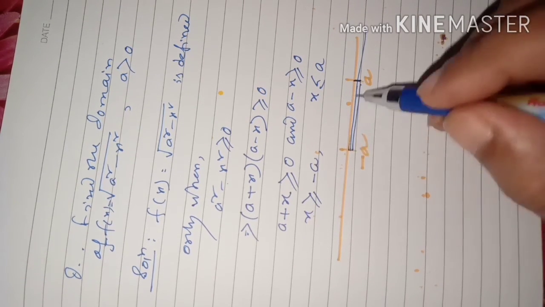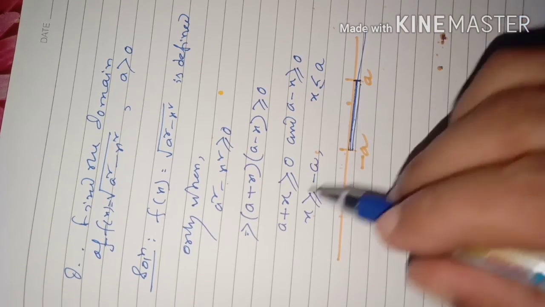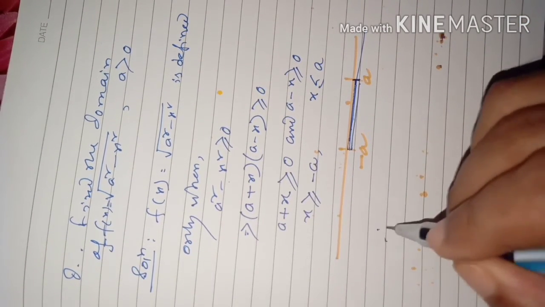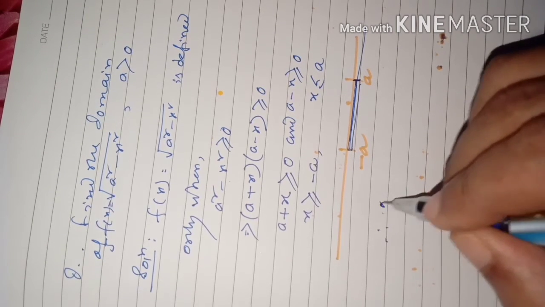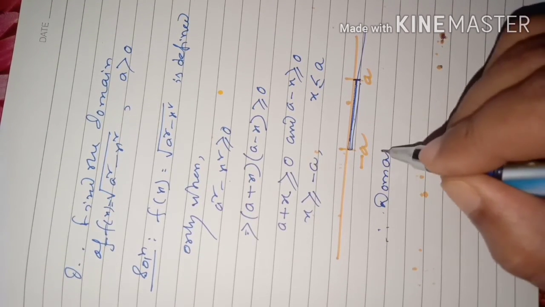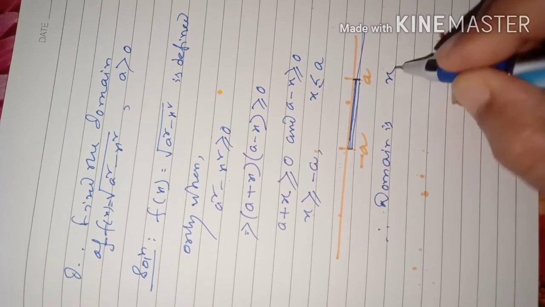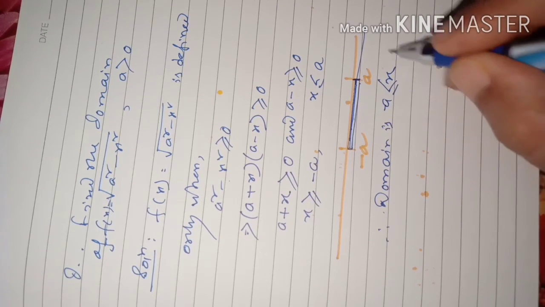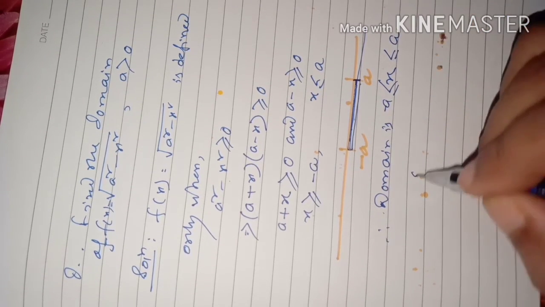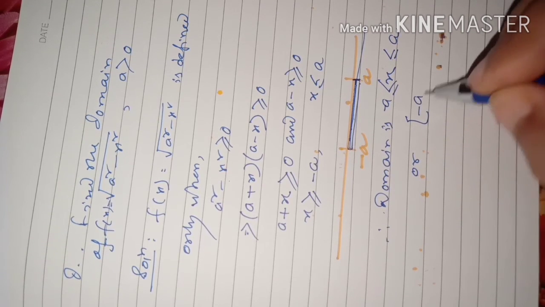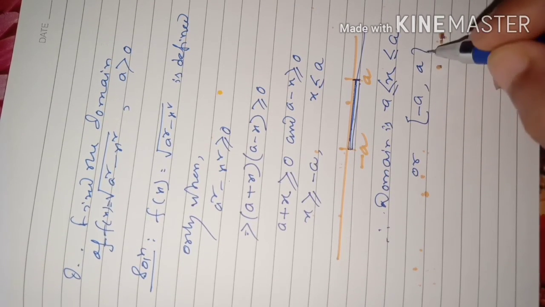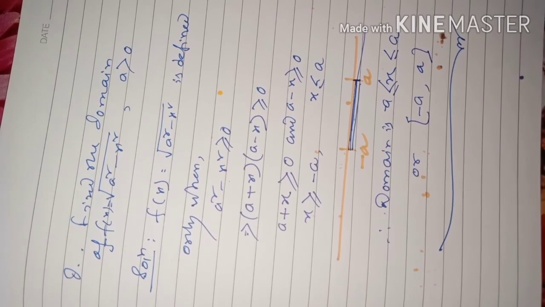This common portion is the domain for this function. So therefore the domain is x which lies between minus a and plus a, or you can say minus a comma a in closed bracket. This is the domain of the function.